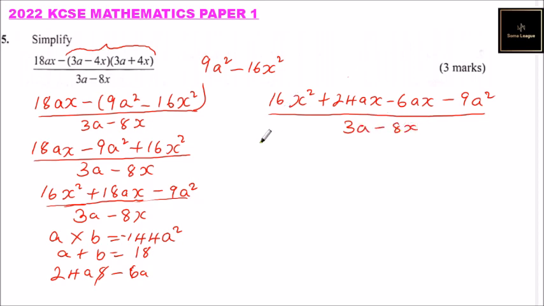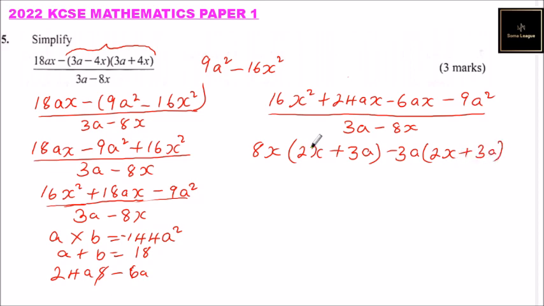Now we can factor out. From the first two terms we factor out 8x, because x is common, and we are left with 2x plus 3a. From the last two terms we factor out minus 3a, and we are left with 2x plus 3a.